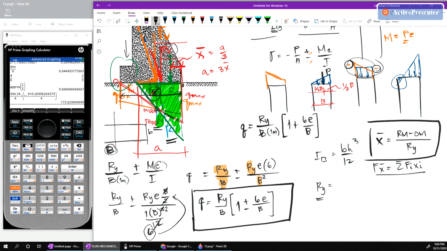Then, this should be equal to yung volume ng triangle na yon. Okay? So, yung volume ng triangle. So, that is 1/2. Okay? So, etong height ng triangle is yung soil pressure. In this case, yung maximum pressure. 1/2 ng maximum soil pressure. Yan yung height ng triangle times ng base. So, yung base natin is yung A, which is equal to 3x.